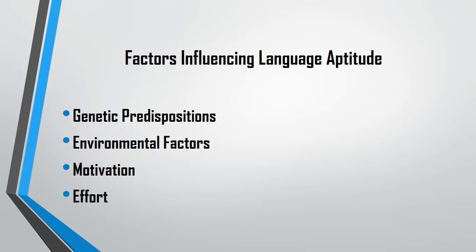Of course, there are some genetic factors that might influence an individual's inherent ability to learn languages. As we discussed earlier, memory, analytical ability, grammatical sensitivity, phonetic coding. All these components are somehow related to genetic predispositions.